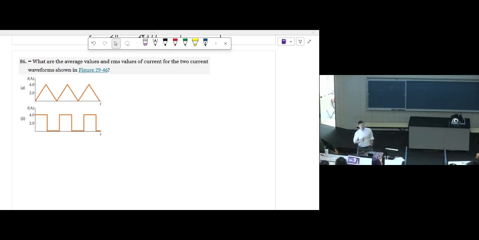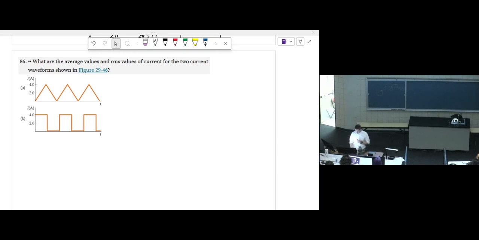Or if you do the integral over the square of the current and take that average, and then take the square root of that, you get the RMS. But I just said that, and we kind of moved on. So let's see here and think about what the average current and RMS current could be in this problem.